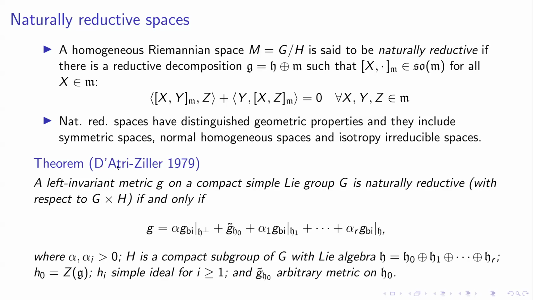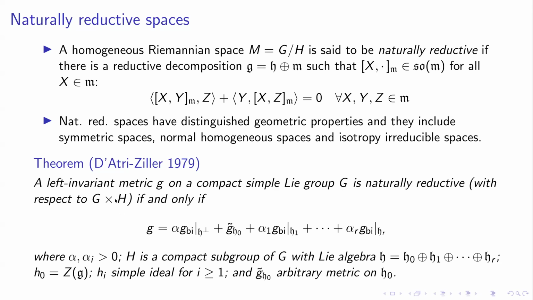Well, I will have to use this. This is a very well-known theorem by D'Atri and Ziller, which characterizes the naturally reductive metrics on compact simple Lie groups. The construction is as follows. You choose a compact subgroup H of G, and you let this subgroup act by the adjoint action.